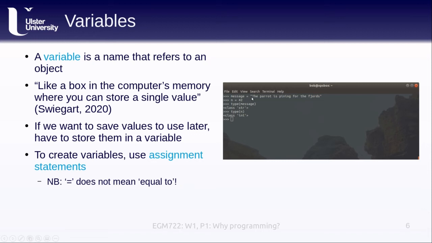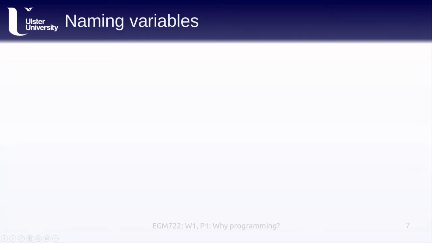So don't think about this like message equals the parrot is pining for the fjords. Think of this as the variable called message being given a value of whatever is on the right-hand side, or if you prefer, everything on the right-hand side is being assigned to a variable called whatever is on the left-hand side.